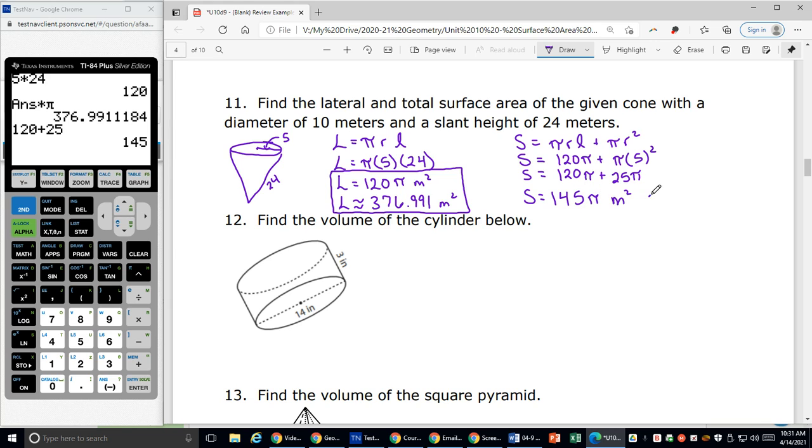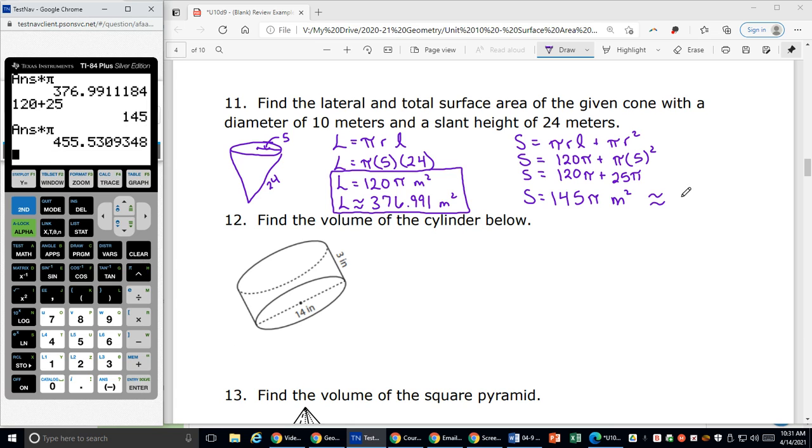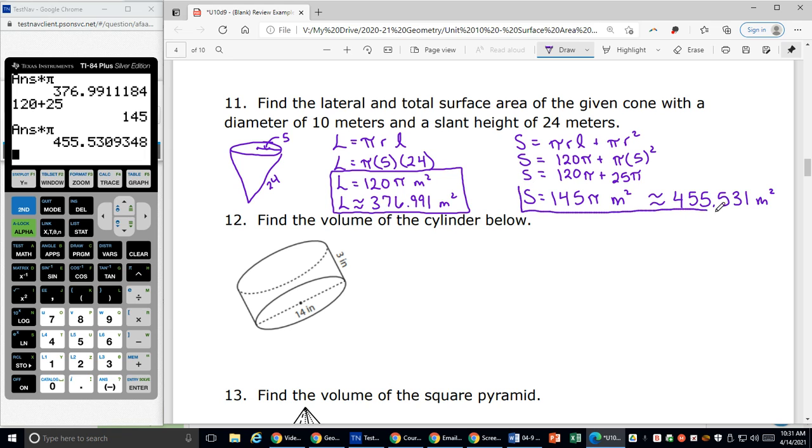That's my exact answer. For my approximate answer, I need to multiply that times pi. When I do that, I get 455.531, if I round correctly, meters squared. So my exact answer and my approximate answer for my cone, my lateral surface area and my total surface area.